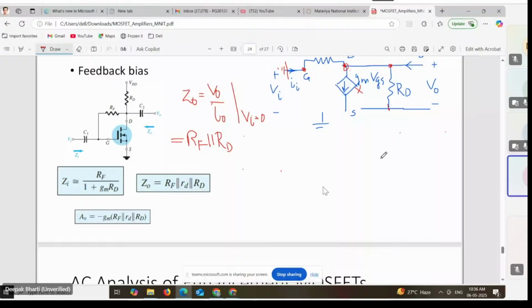Okay, so to determine AV, we have to take the ratio of V0 and Vi. So we will begin with our previous equation only. That II was what? Vi minus V0 upon RF.